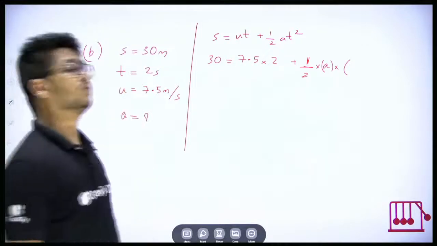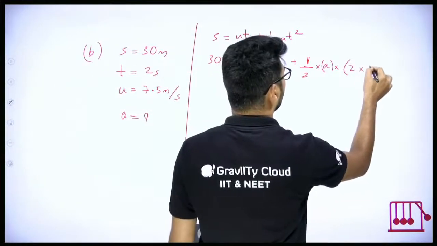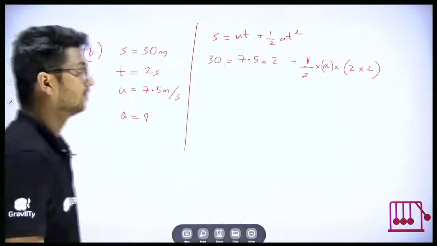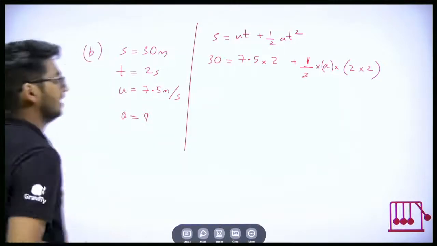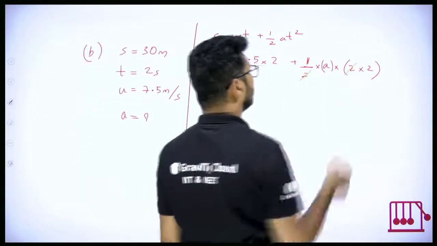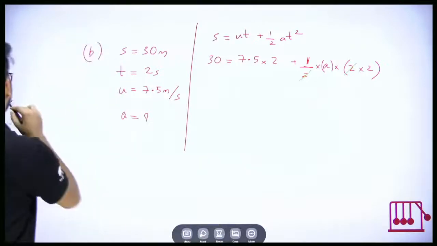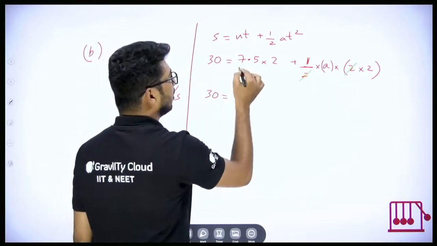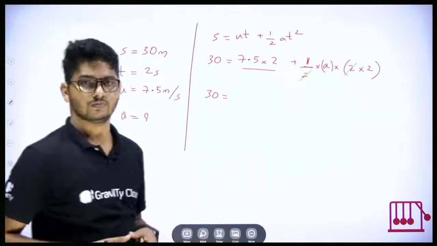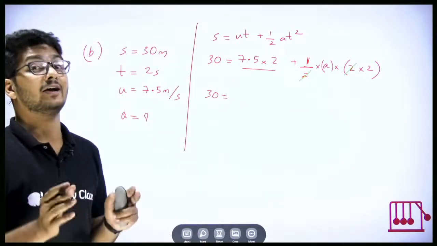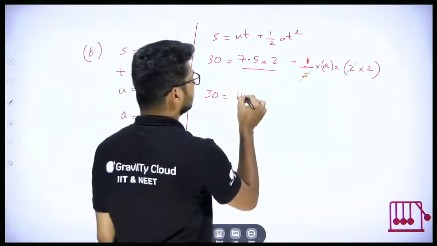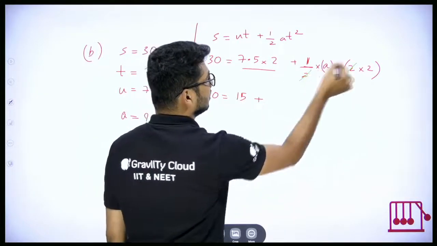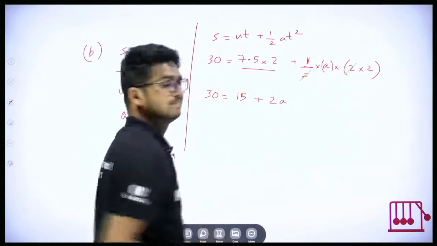What is t? 2 square. We have to be careful. 2 into 2. Then will anything get cancelled here? This half, this 2 and 2 get cancelled. Yes. Then you have here 30 is equal to 7.5 into 2. What is 7.5 into 2? 15. Yes. Plus a into 2, 2a.